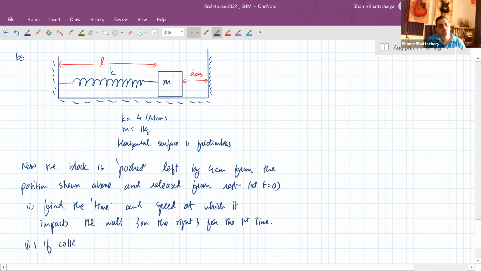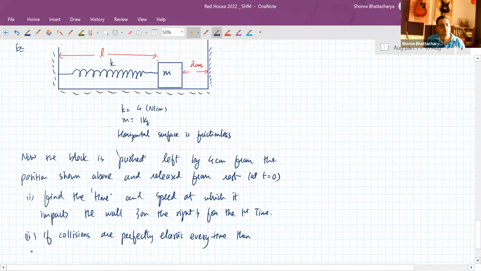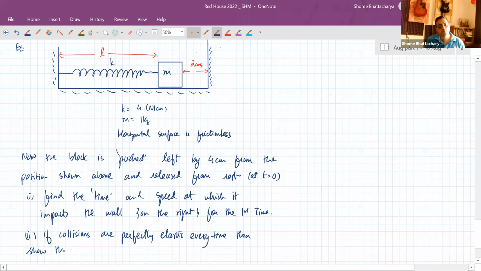If the collisions are perfectly elastic every time, then show that the system will be periodic and find its time period.